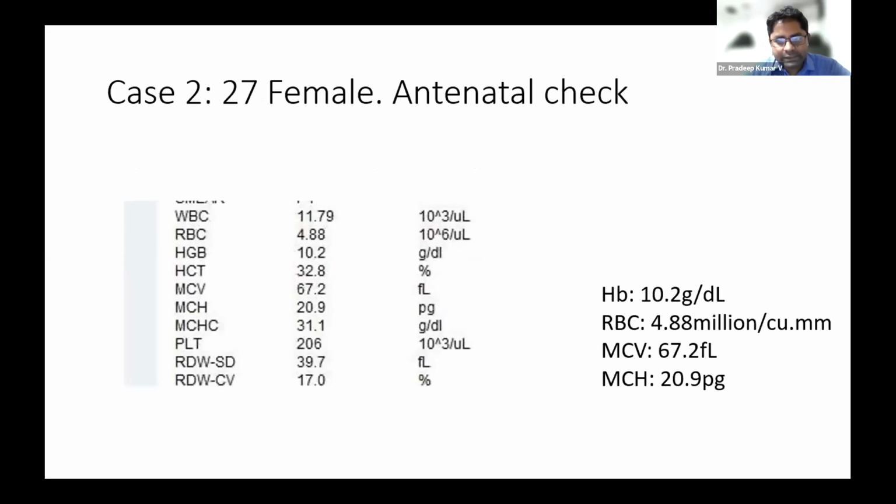Coming to the next case, an antenatal check: MCV of 67, which is low, MCH 20, which is low, HB of 10.2, again anemia, and RBC 4.8 million. What next test, or do we need electrophoresis in this particular patient?